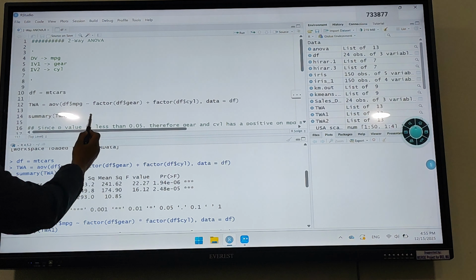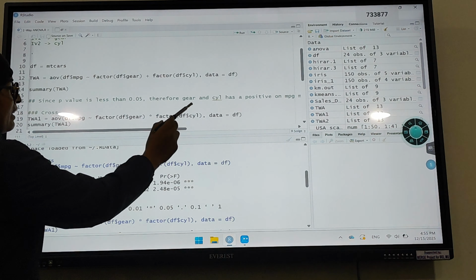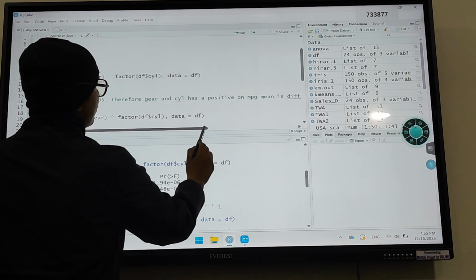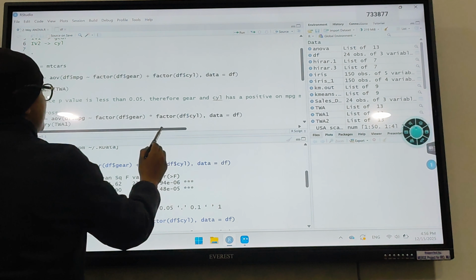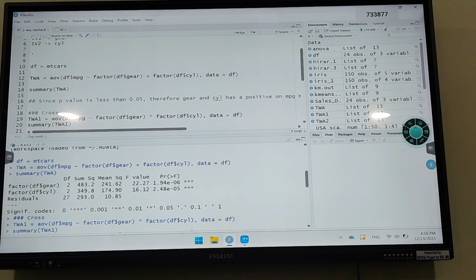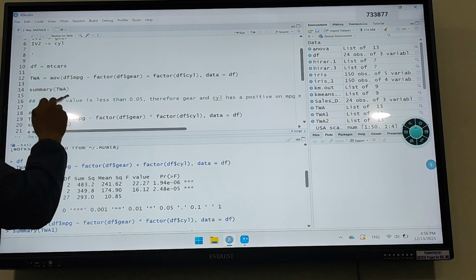Since the p-value is less than 0.05, gear and cycle have an effect on MPG, and the mean is different across categories. Gear and cycle will affect the dependent variable.